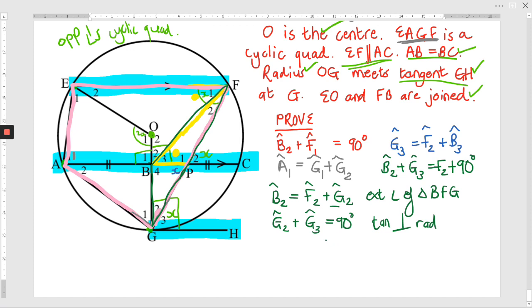So now I'm looking to see, because I want B2 and G3 on those two guys to add up to F2 and 90. So I've got them somewhere. I've just got to rearrange and replace now to get it to look like the little arrangement that they've put over there. So let's rearrange this one. G2 equals 90 minus G3. Just fiddling around a bit to see if I can get things to be equal.